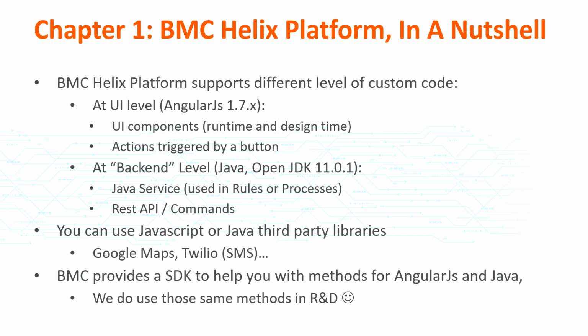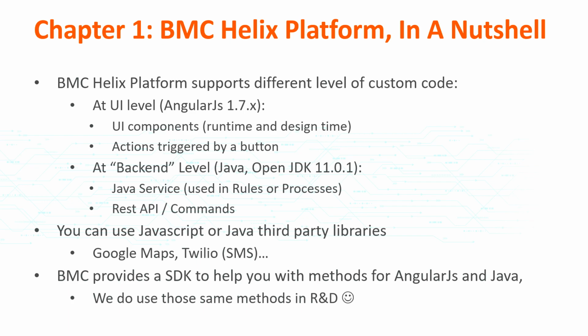One example is, of course, Twilio to send text messages. So to help you create custom UI or custom backend code, BMC provides you an SDK with methods you can use for AngularJS and Java. For example, if you want to call a REST API from your view component, you don't have to use $http, the base object from AngularJS. We provide you, for example, the RxResource object.